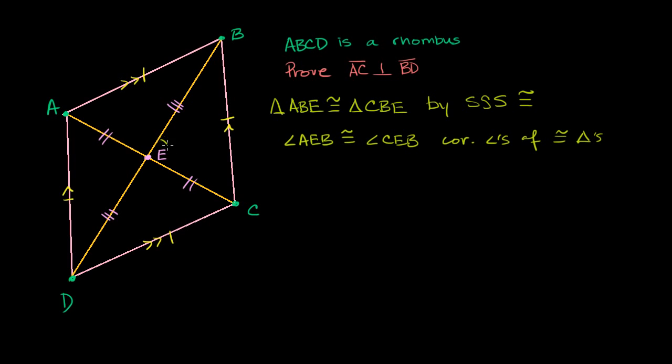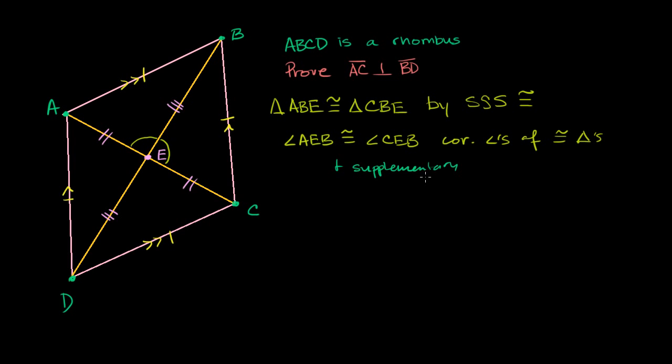So this angle right over here is going to be equal to that angle over there. And we also know that they are supplementary. So they're congruent and they are supplementary. So these two are going to have the same measure, and they need to add up to 180 degrees.